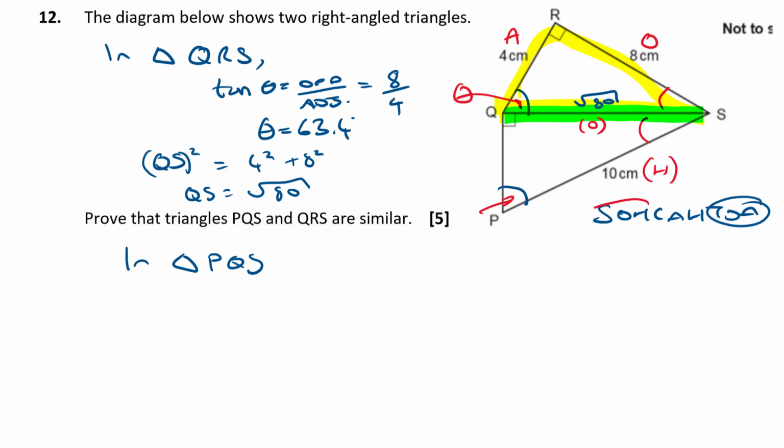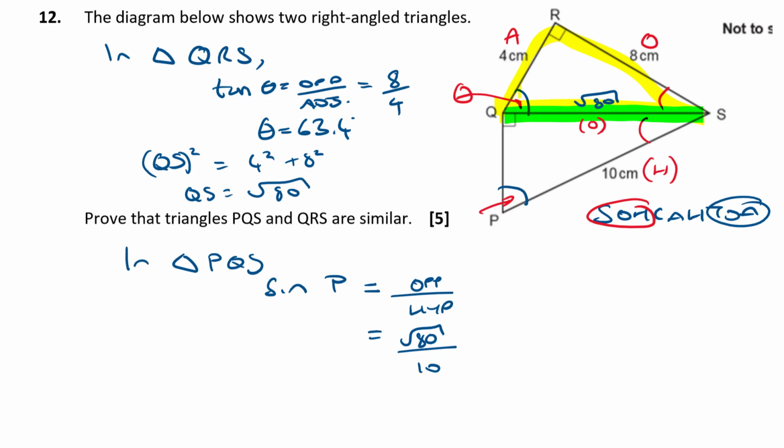So this time I'm going to be using sine. Sine is equal to opposite over hypotenuse. So sine of my angle P is equal to the opposite over the hypotenuse, which is root 80 over 10.